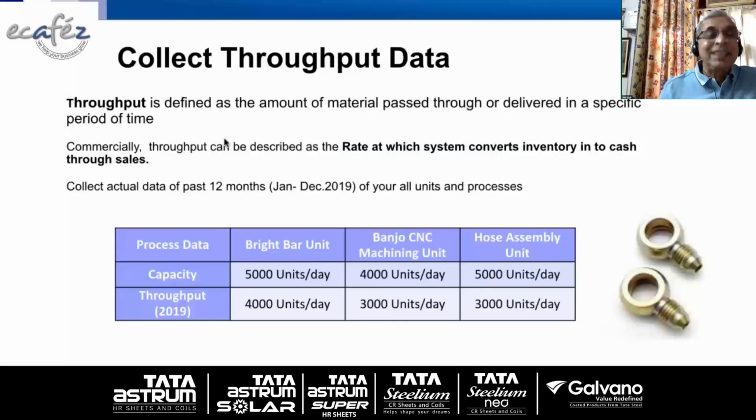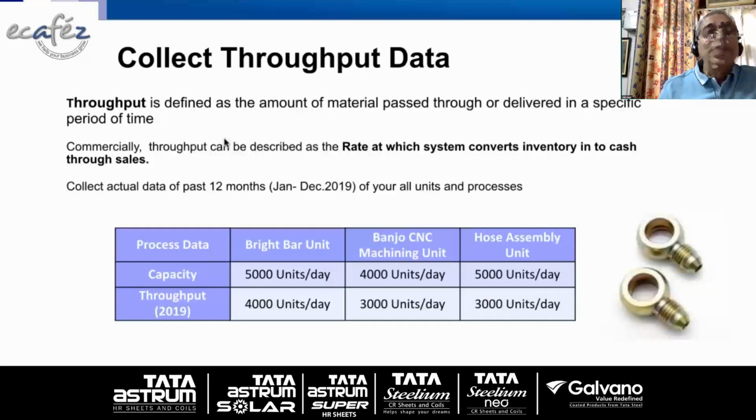One of the key parameters in production, though it is not very commonly used, is the metric throughput. Throughput is a very, very powerful parameter. In fact, this is the essence of all your efficiency. It can be defined as the rate at which processed material is passing through your processes.